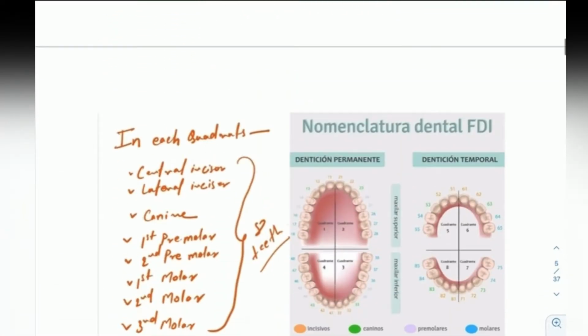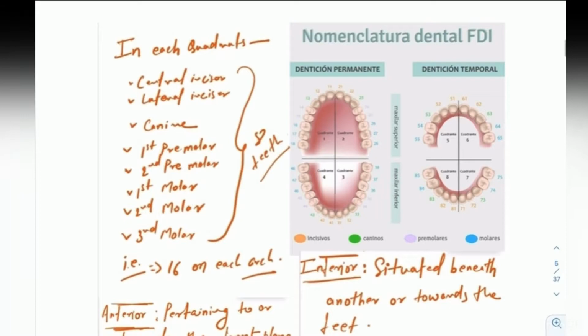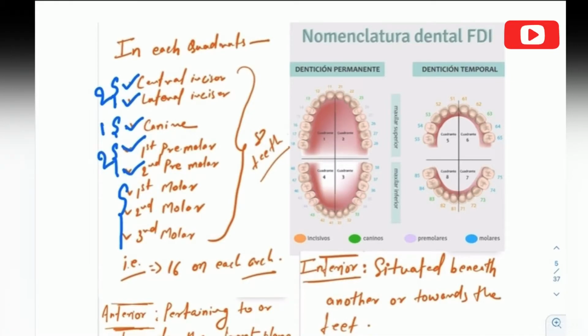So in each quadrant, there are central incisor, lateral incisor, canine, first premolar, second premolar and three molars. If we complete it in a set, you will see that two incisors, one canine, two premolars and three molars are there.